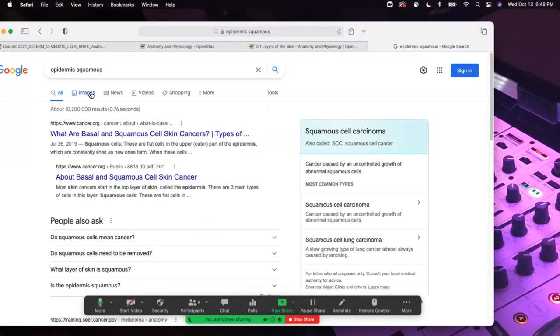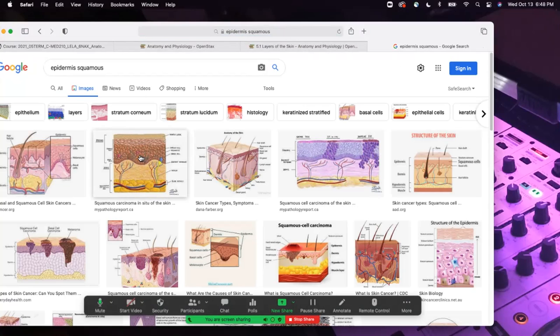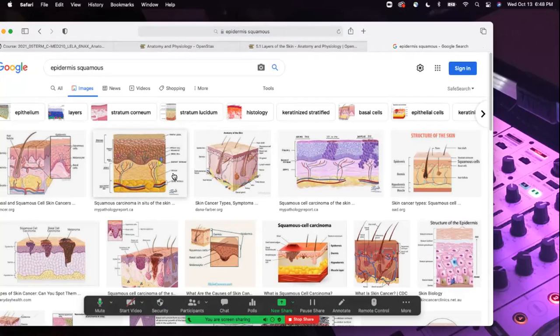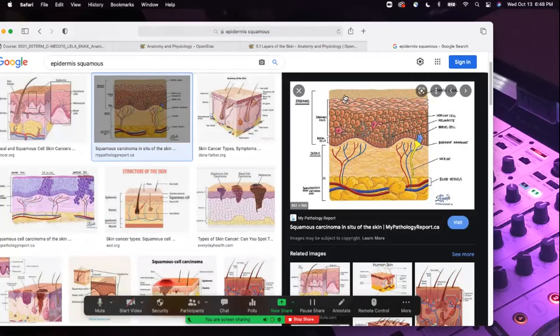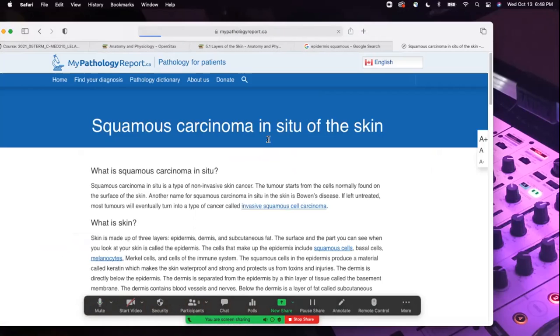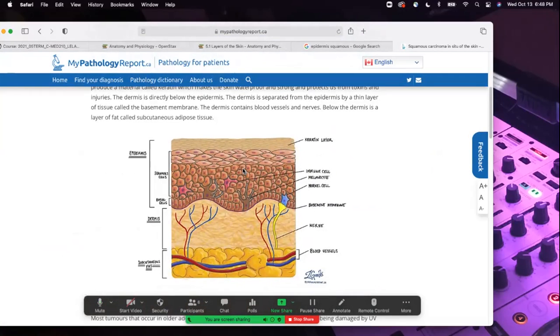Squamous cells are flat cells. So if we look at the very top of our skin, let's look at this. It's flat, and these are called squamous cells. And then they'll get a little bit more boxy or columnar as they become basal cells.